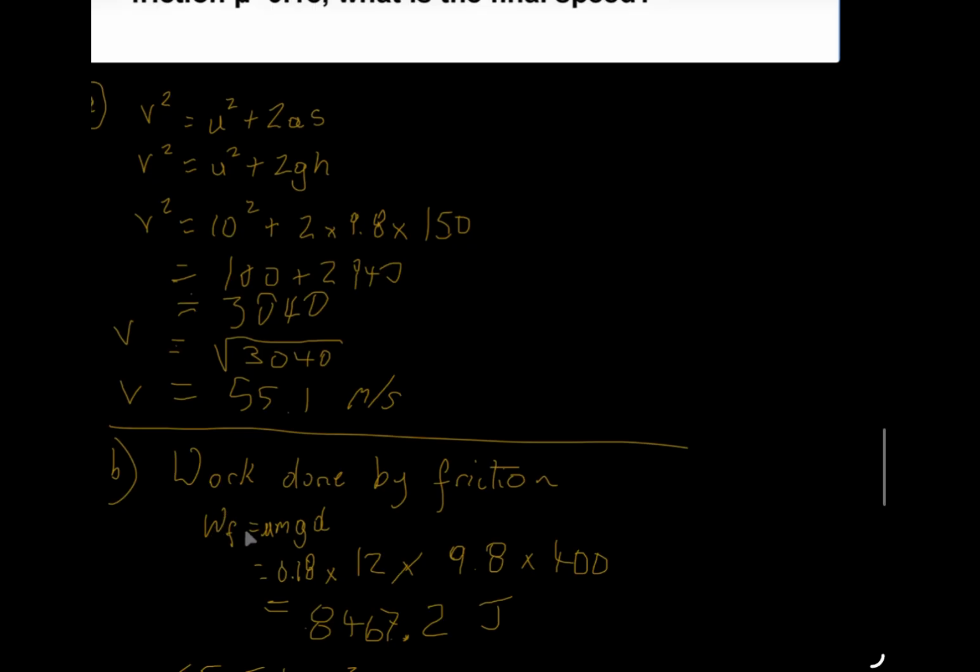The work done by friction is mu times mg times the displacement d, and the distance was given as 400, mu was 0.18, m was 12, and g is taken to be 9.8. Multiplying those together gives you 8,467.2 joules. As you know, this work is in a negative direction, or the opposite of the movement of the object.